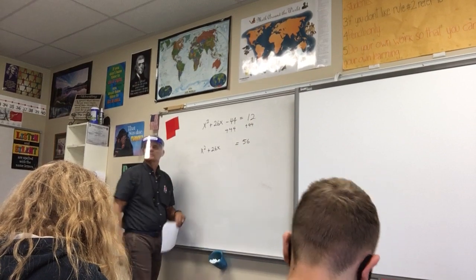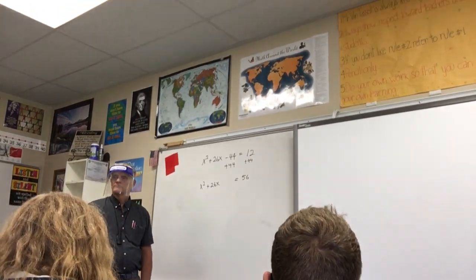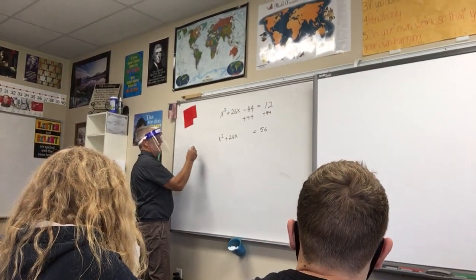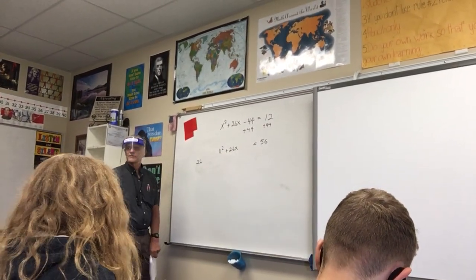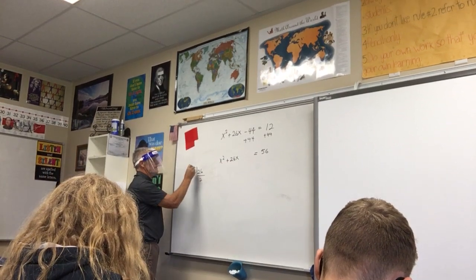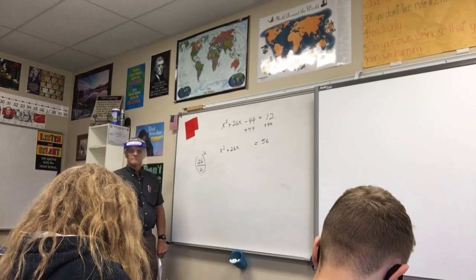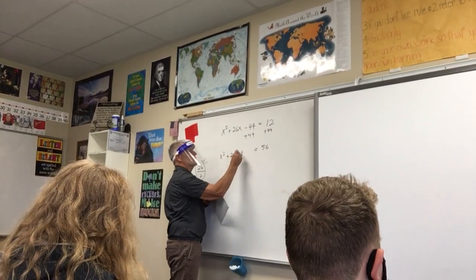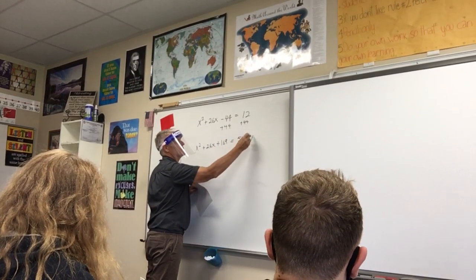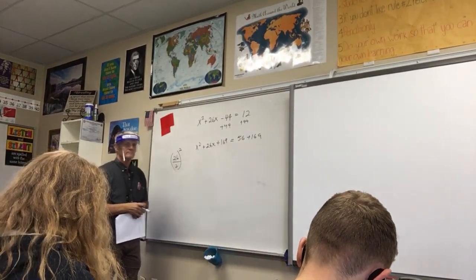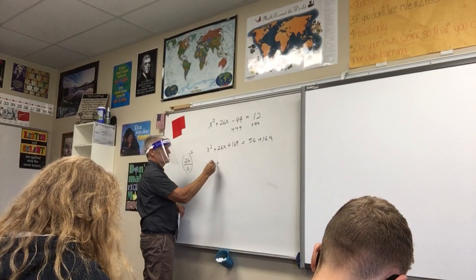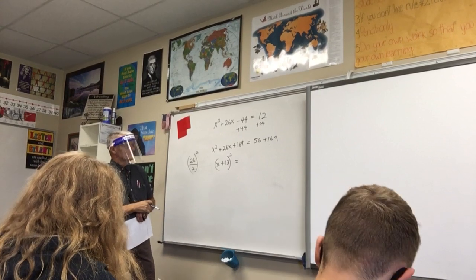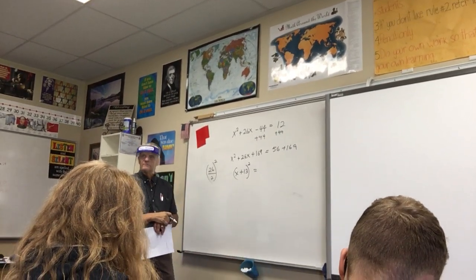Now that's not a perfect square, so I'm going to end up with a square root this time. This won't always be even, so I will have to do it. So I have 26, the coefficient only, not the variable, divided by 2, and I'm going to square it. 26 divided by 2 is 13, times 13. 56 plus 169.